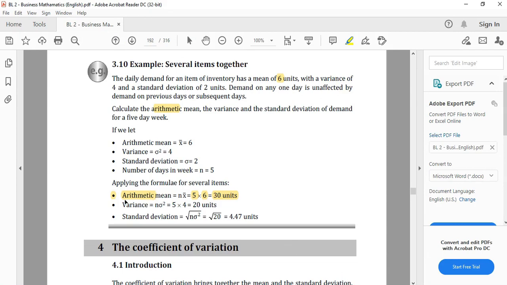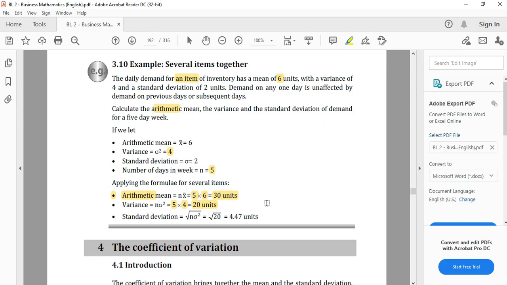Then the variance of the 30 items, so basically you have to multiply everything by 5, because these are items per day. So if you multiply by the total number of days, you will get the total number of units, because they have given the units for one day. Then if you multiply the variance units by 5 days, then you will get the total variance units for all 5 days, which is 20 units.